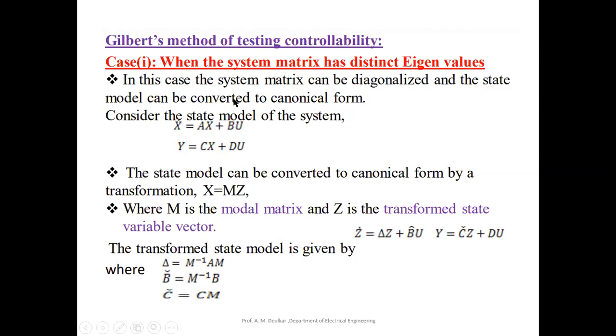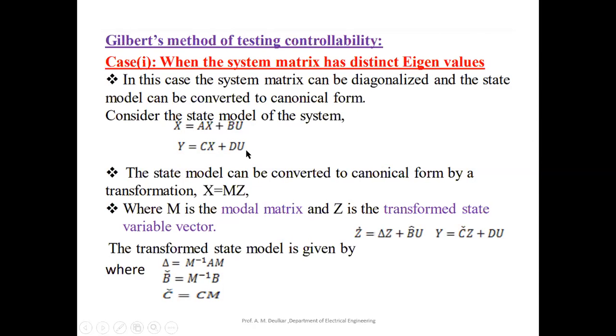The Gilbert test of controllability has two cases. One is when we have distinct eigenvalues. Consider a state model given like this: x dot is equal to Ax plus Bu, and the output equation is y is equal to Cx plus Du.